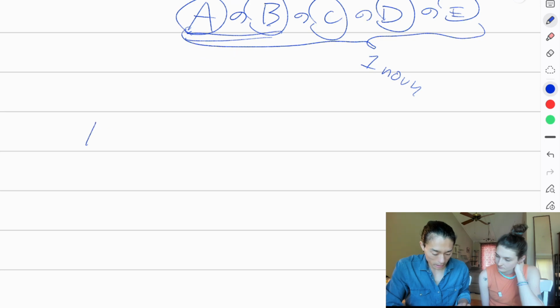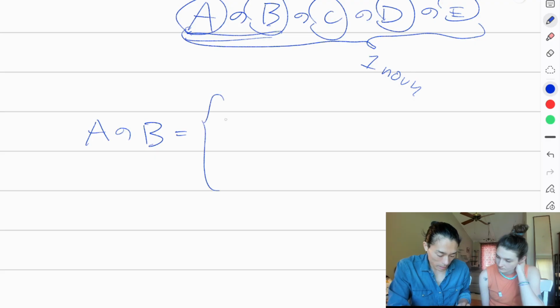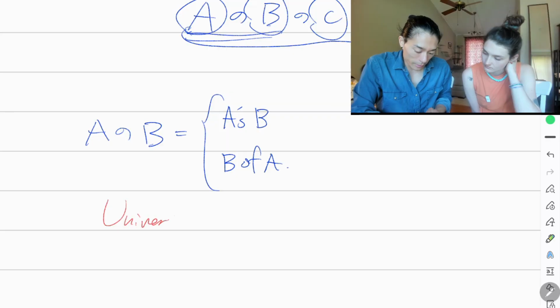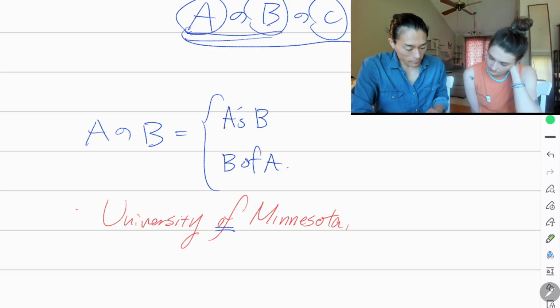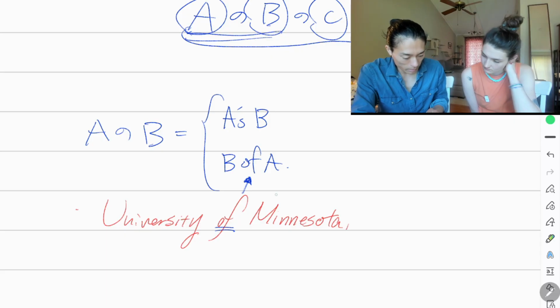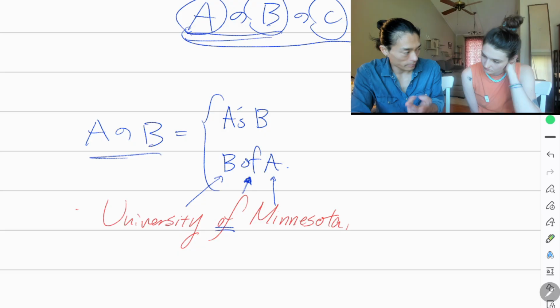Since we covered that A no B equals either A's B or B of A, let's say you want to say "I study at University of Minnesota." In this name, we do have the article "of," right? So if we directly apply it here, then Minnesota is A and University is B, and in Japanese we have to flip it, right?